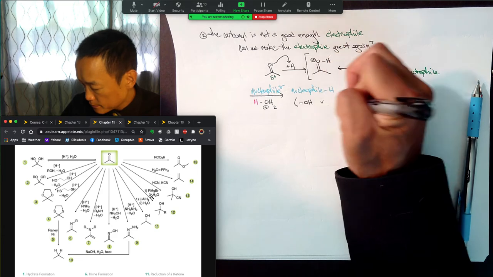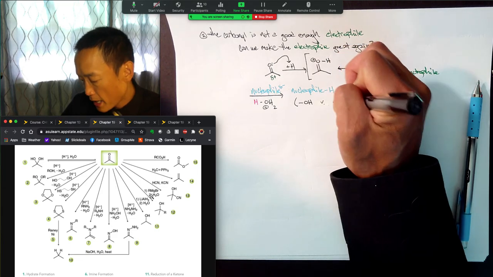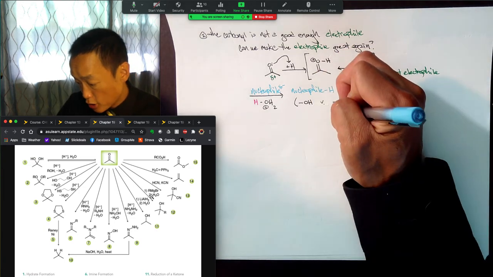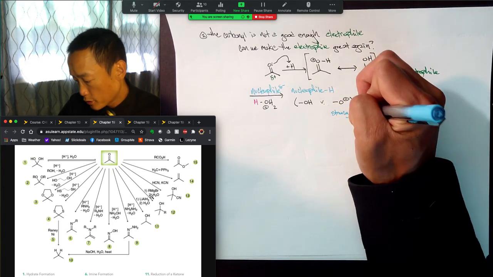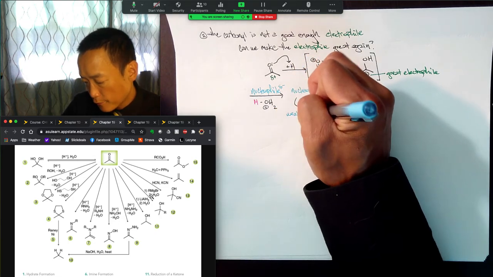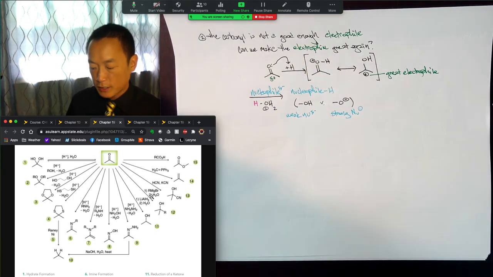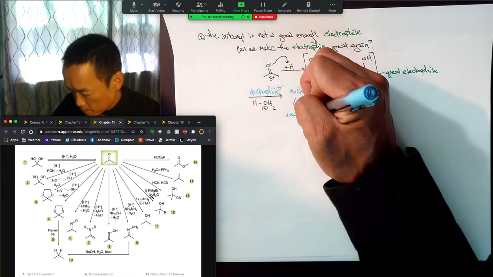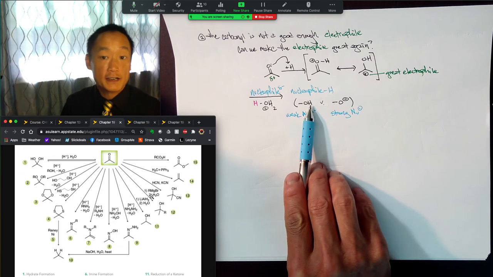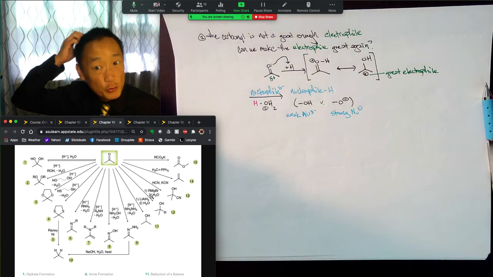This is O minus, so this is a strong nucleophile. This would be our weak nucleophile. What's the difference? Well, that oxygen has adopted a proton, and now it doesn't have that full-fledged negative, so it's a weaker nucleophile.